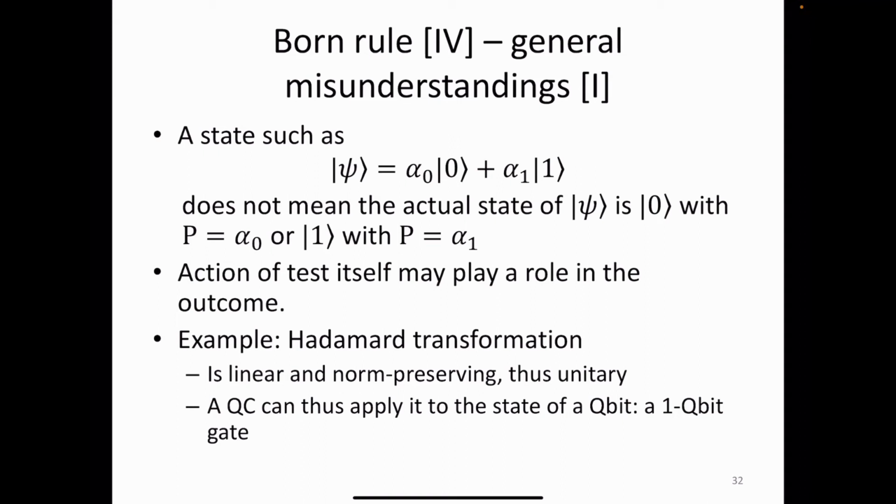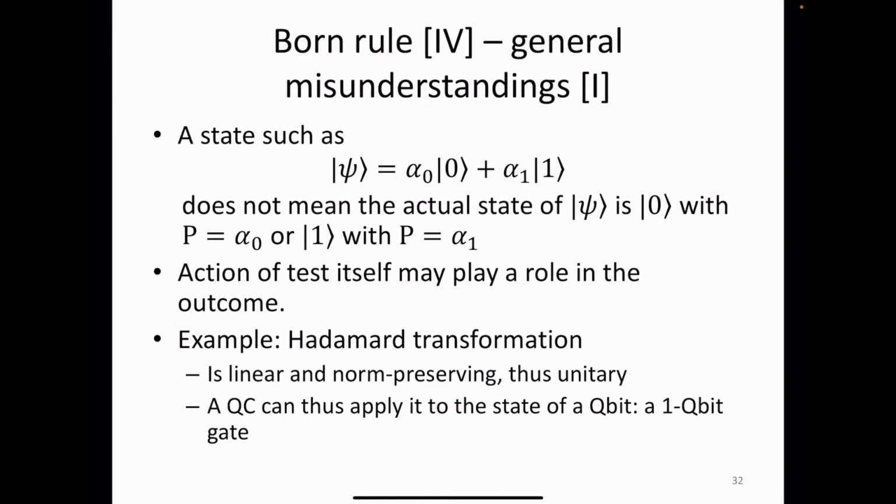So the measurement itself may influence the state. It is not just a collapse of the superposition, it may still change the probability amplitudes. An example is the Hadamard transformation, which is linear and norm preserving, thus unitary, and a quantum computer can apply it to the state of a qubit.